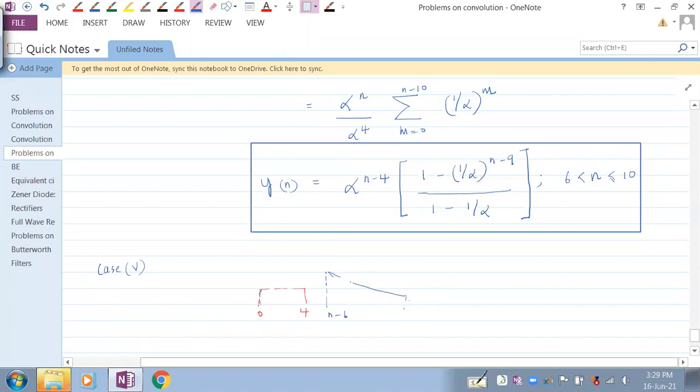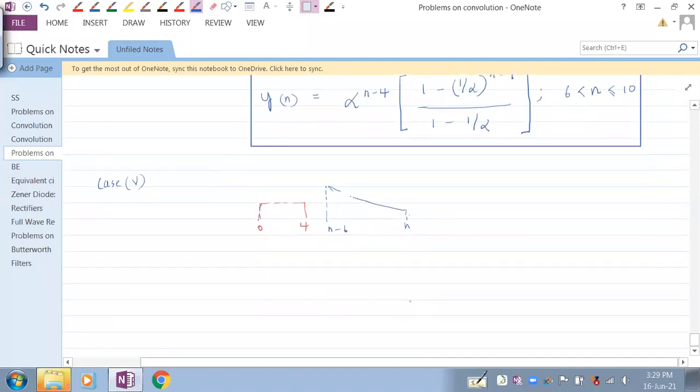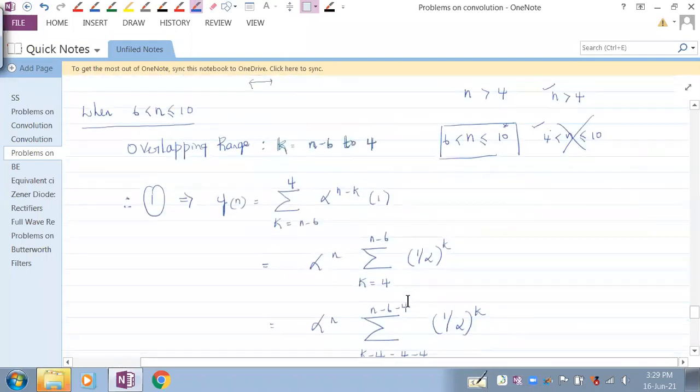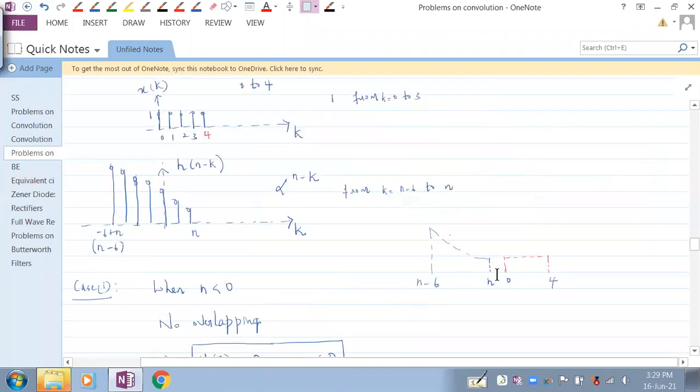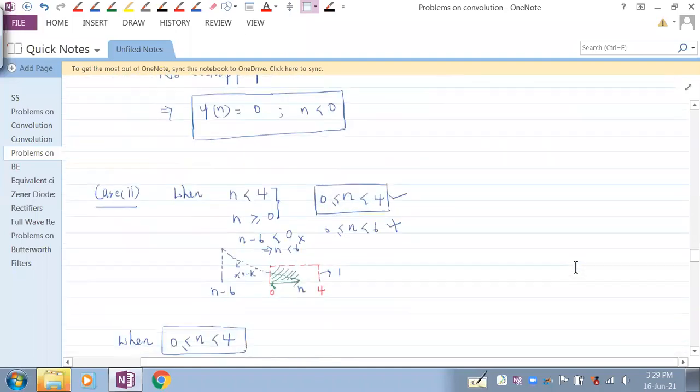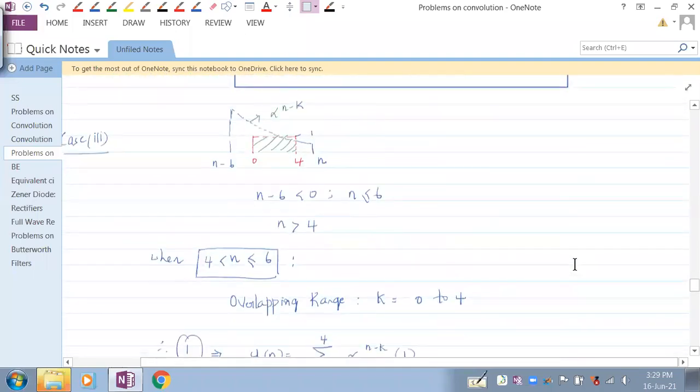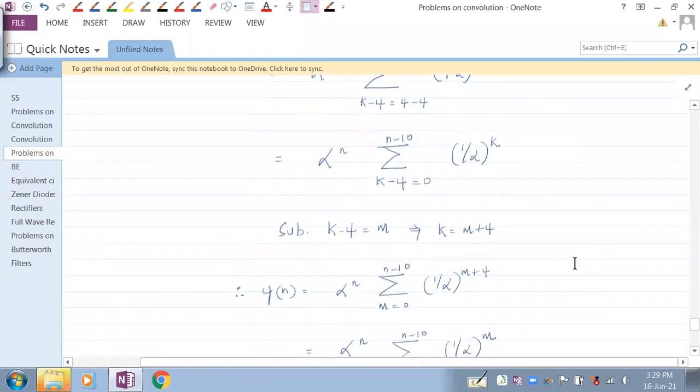So this is n. This is again a no overlapping case. What was the first case that you saw? That is also a no overlapping case, but there n was less than 0. Now this signal has moved and has come out of this range. So this n minus 6 is here now. Understand? That is what is being shown in the last case.